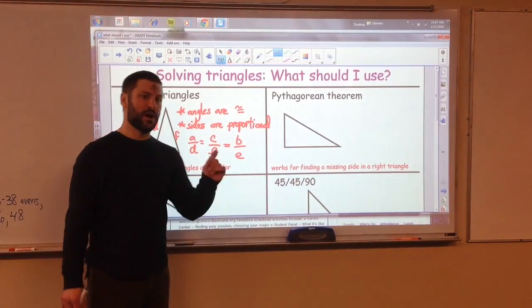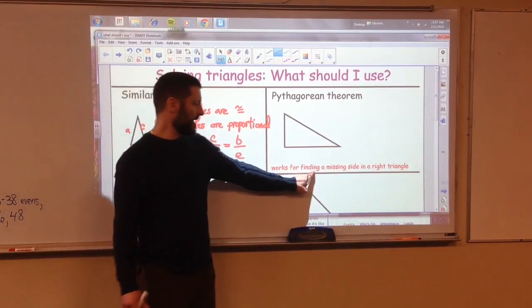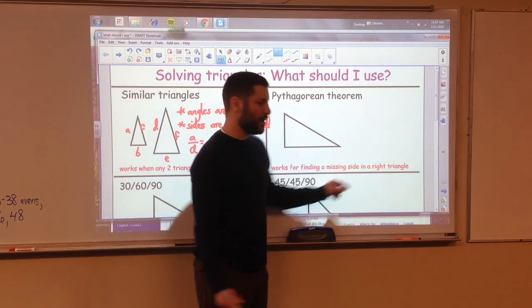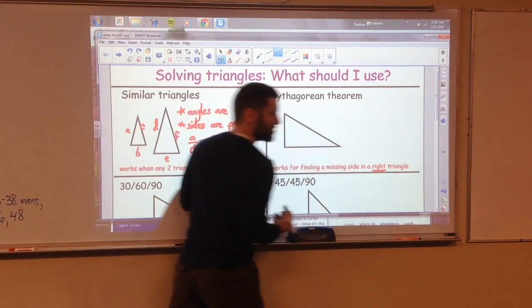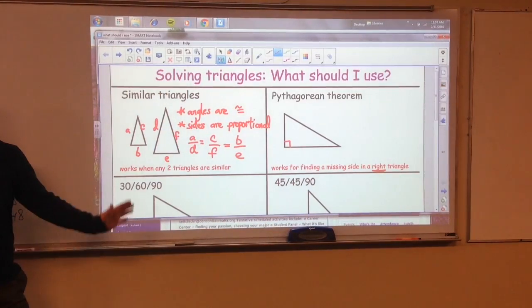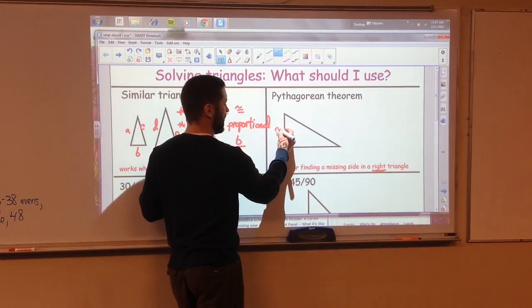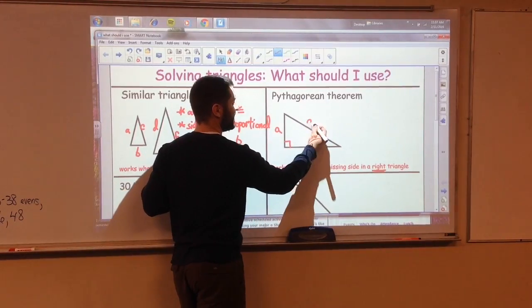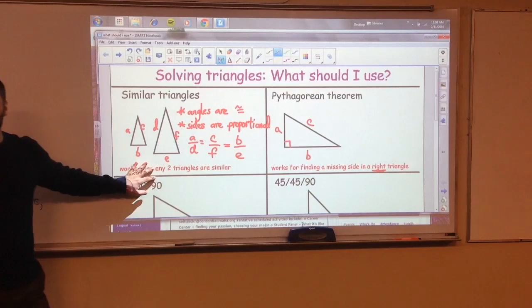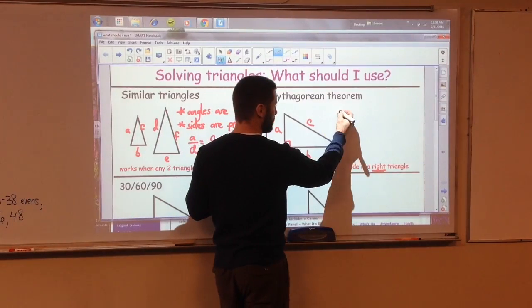Okay, second one, Pythagorean Theorem. Pythagorean Theorem works for finding a missing side in a, big word, right triangle. It's got to be a right triangle. If it's not a right triangle, the Pythagorean Theorem is not usable. Okay, I'll put an A, a B, and a C here. The most common theorem in all of math, a squared plus b squared equals c squared.